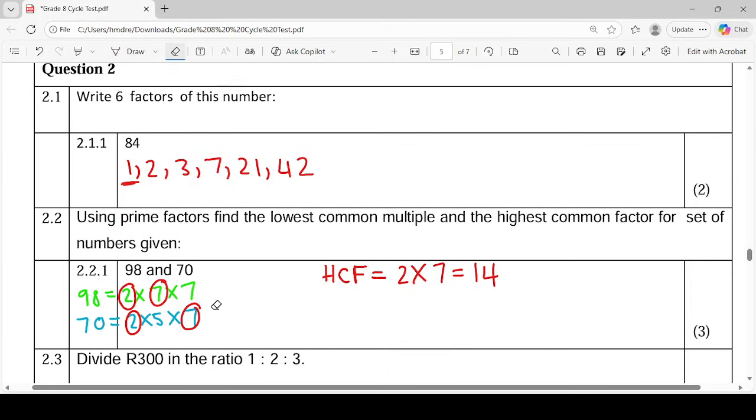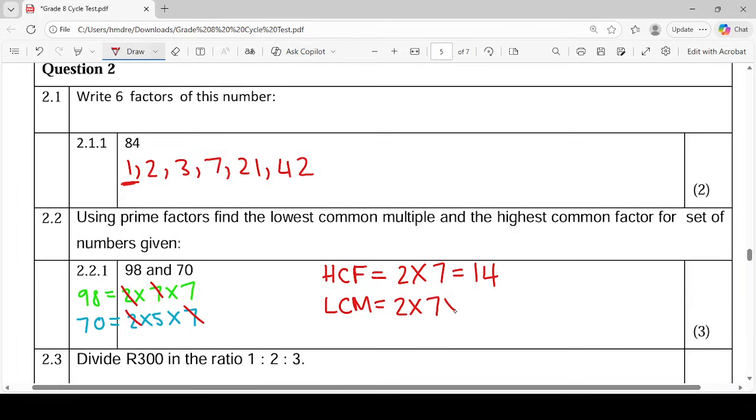And then if we want the lowest common multiple, what we do is we look at, okay, this number's got a 2, that one's got a 2. This one's got a 7, that one's got a 7.